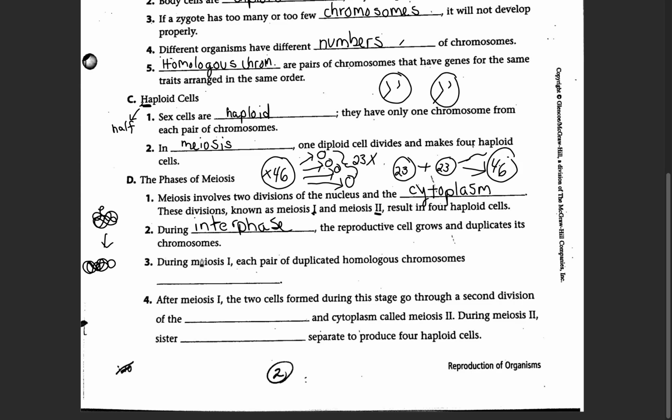In this phase of meiosis, each pair of homologous chromosomes separates. If you remember from yesterday, homologous chromosomes are those chromosomes that are very similar to one another.